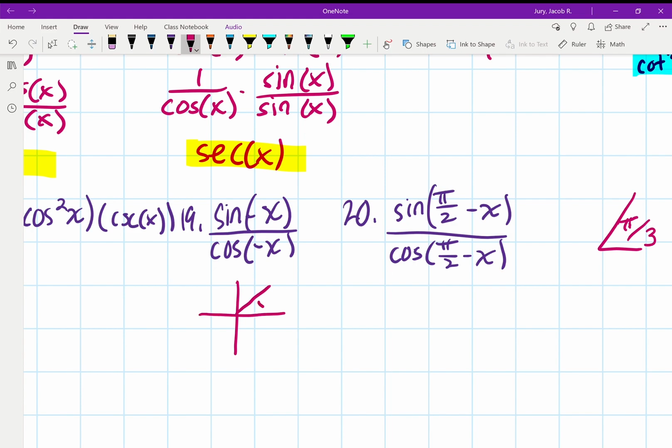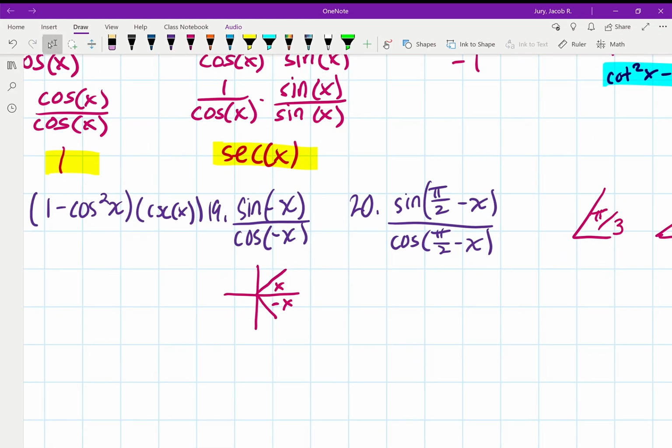Well, what if we represented angles abstractly here as well? So I take x and I just place it as a positive angle, and then I represent negative x, kind of how it would appear as the negative form of itself. And if I take sine of negative x, won't that give me a negative sine?